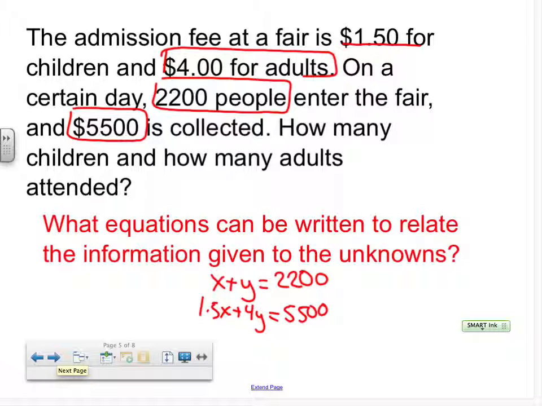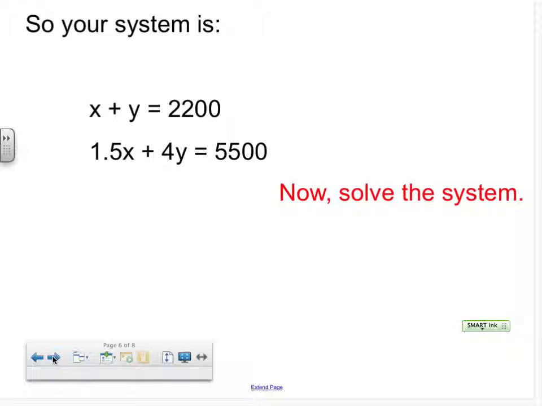We found our variables, and then we looked at the critical information. Usually one is just throwing the 2 variables together, and one has a little relation with it as far as a multiplication. And so our system is X plus Y equals 2,200 and 1.5X plus 4Y equals 5,500.